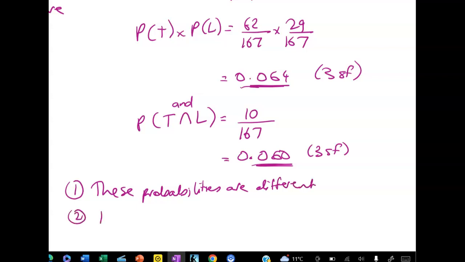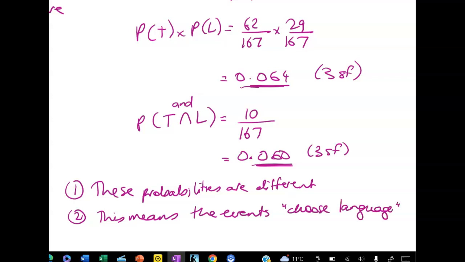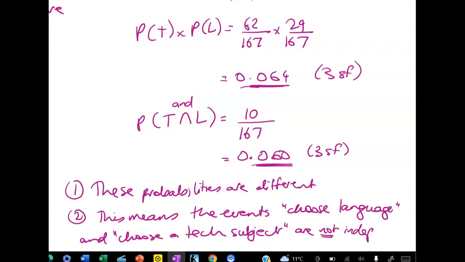The second thing I'd say is that this means that the events choose a language and choose a tech subject are not independent.